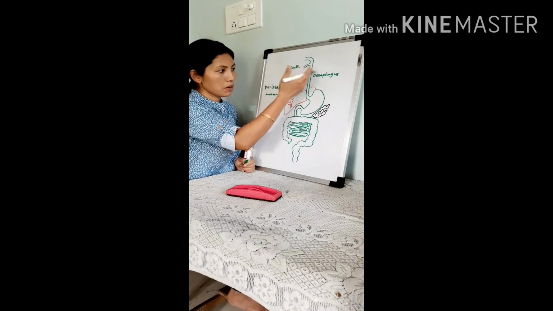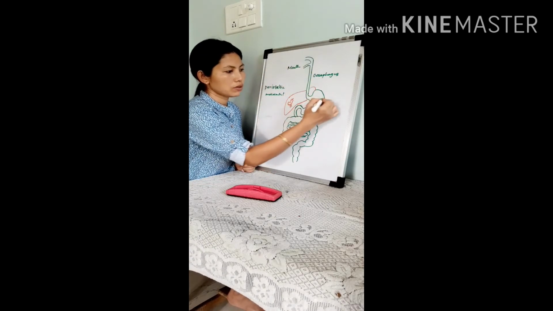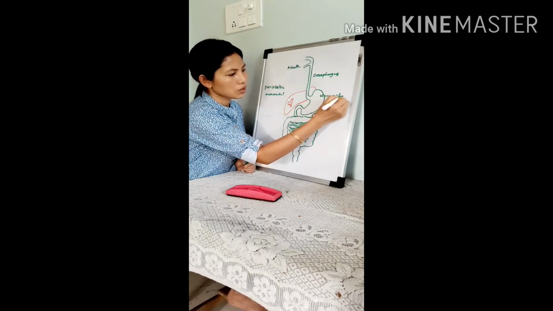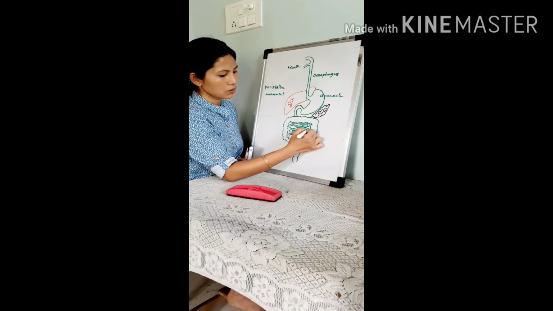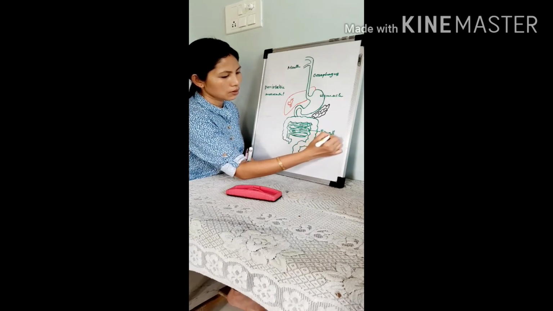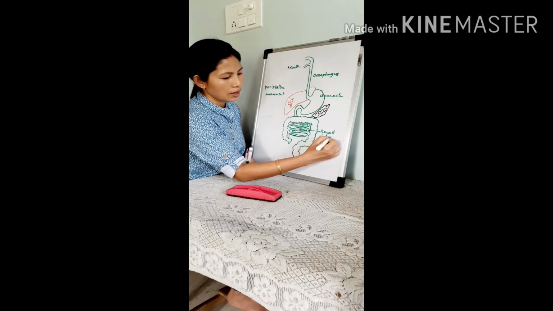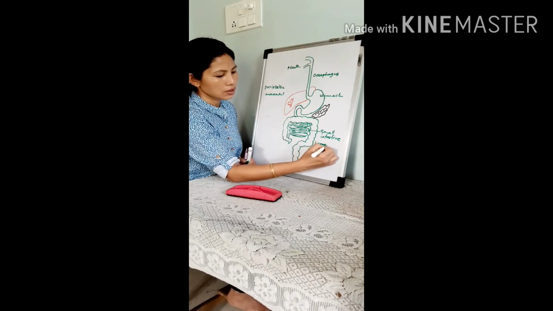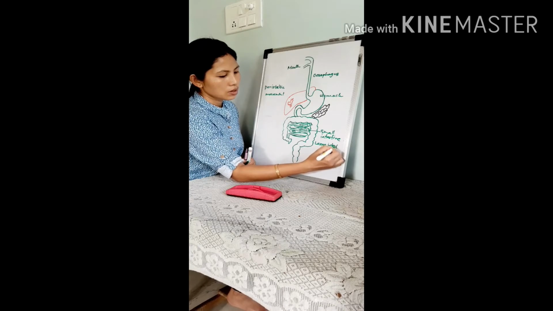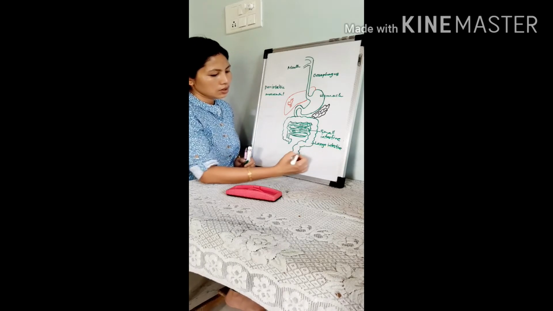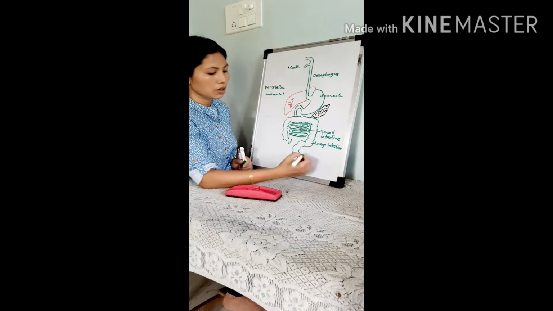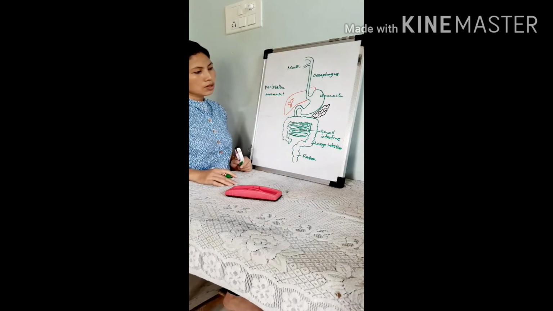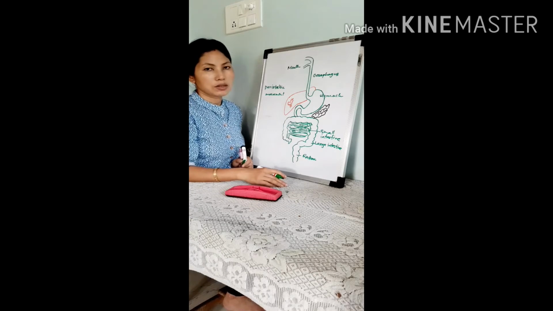So as I said, from the mouth through the esophagus it will reach the stomach, and then it will reach the small intestine, and from the small intestine to the large intestine, and the undigested food will be temporarily stored in the rectum. So these are the different parts of the alimentary canal.